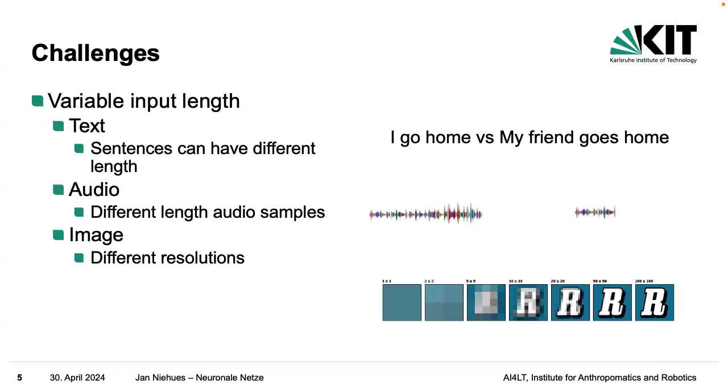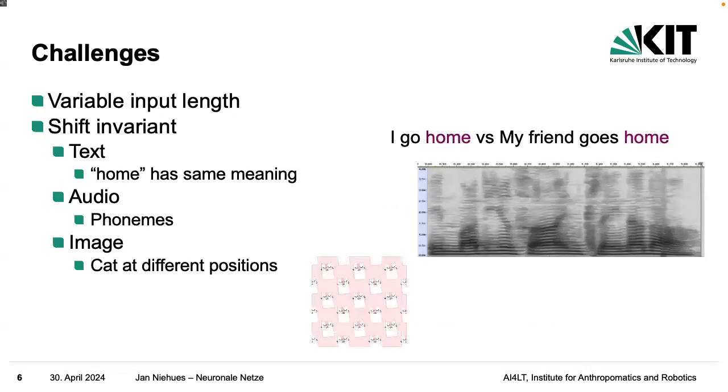However, this is still not really good, because another related problem is that it should at least be shift invariant. So "home" has the same meaning in "I go home" and "my friend goes home". If you put a feed-forward neural network on this sentence and just pad it, you once have to learn that "home" on the third position has a meaning, and once you have to learn that the word on the fourth position has a meaning.